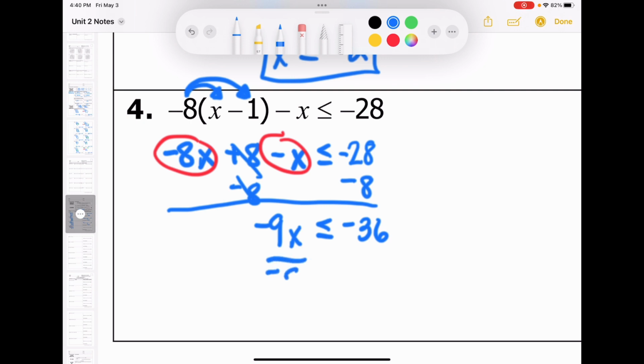Now I'm going to divide both sides by a negative 9. And we're dividing by a negative number. So my inequality sign is going to have to flip to greater than or equal to. So I'm left with x is greater than or equal to negative 36 divided by negative 9, which is positive 4.